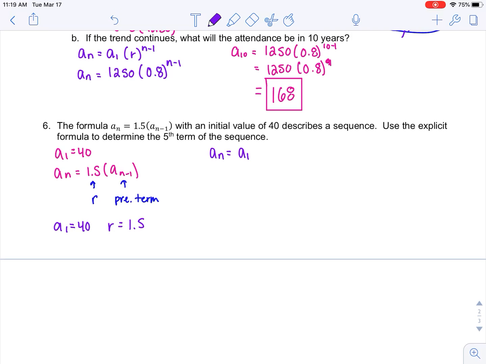Our explicit formula is AN equals A1 times R to the n minus 1 power. So we can fill in what we know. AN equals A1, we're told, is 40, times our common ratio, 1.5, to the n minus 1 power. So that is our explicit formula.